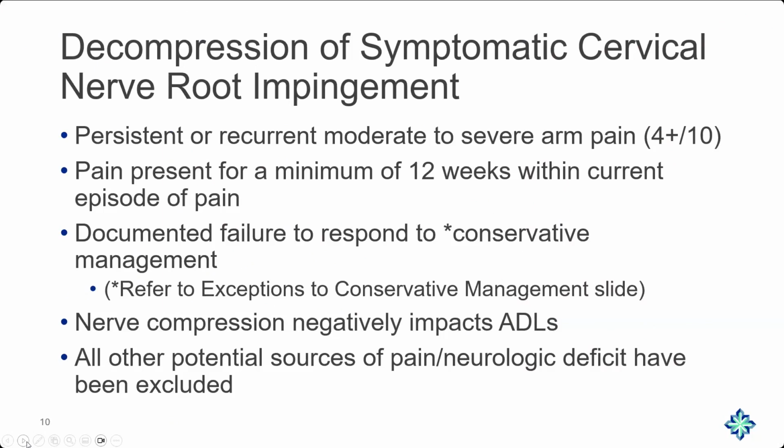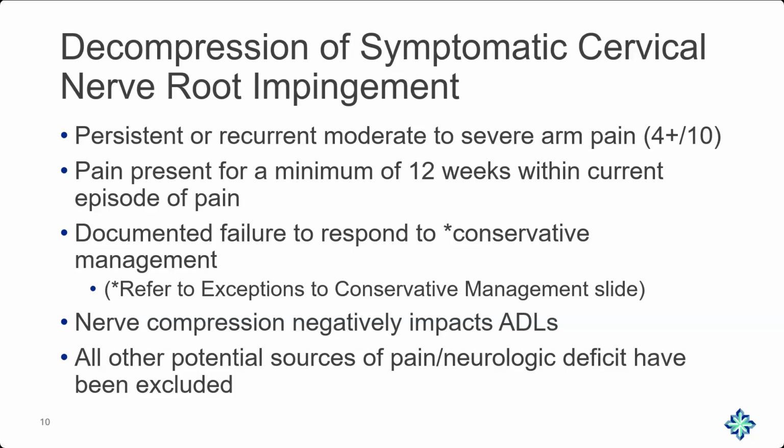If you go back into the local coverage determination, I really need you to pay attention to those 'and' statements and 'or' statements, because there are things in here you have to have all of, and there are some things where you can have this or this. But all of these things need to be supported in your documentation. If they're 'and' statements, or all of the following, these are things we're going to look for in your documentation to support this.